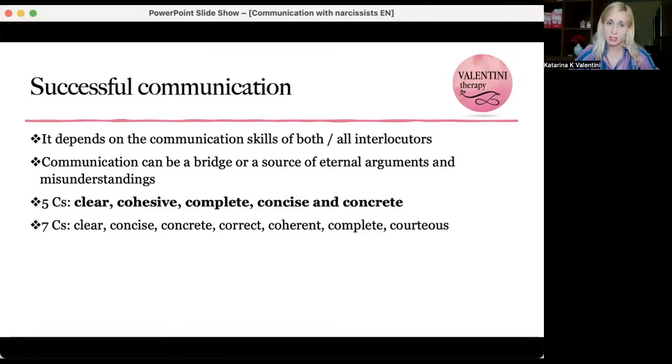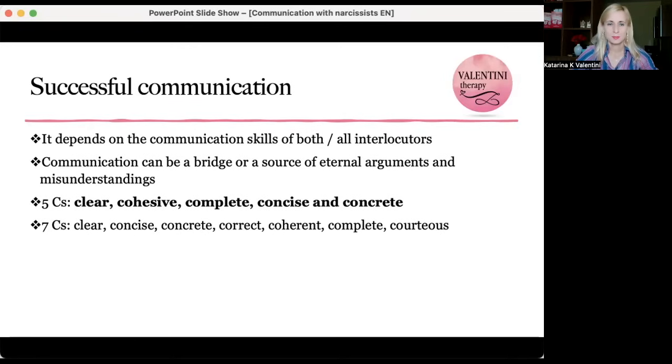Successful communication depends, of course, on communication skills of both parties or all interlocutors, depending on how many people are involved. Communication can be a bridge, or it can be a source of eternal arguments and misunderstandings. And with narcissists, we often have arguments. There is a lot of misunderstanding and a lot of misinterpretations.